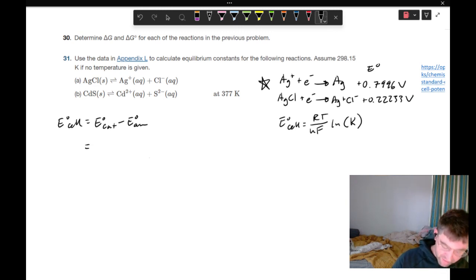So our cathode is this second equation, and that's 0.22233 volts minus a positive 0.7996 volts.